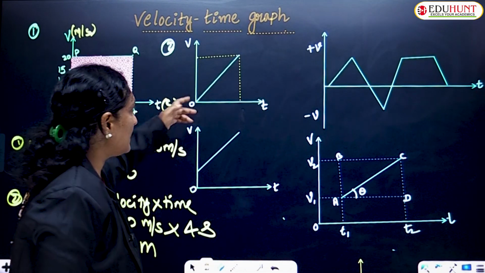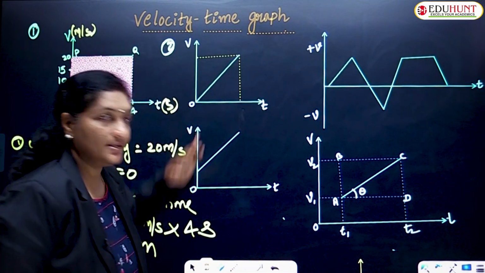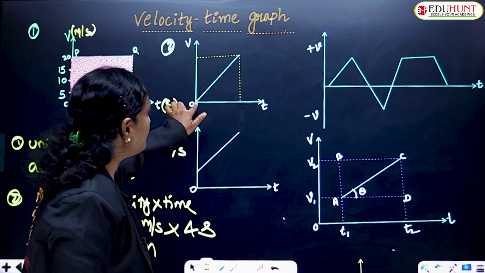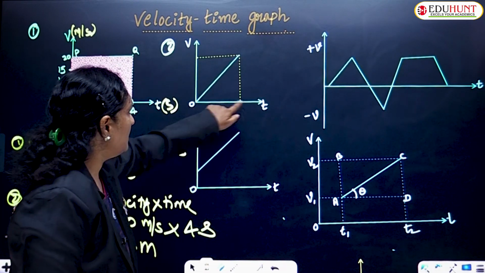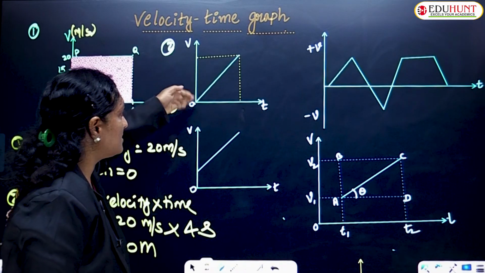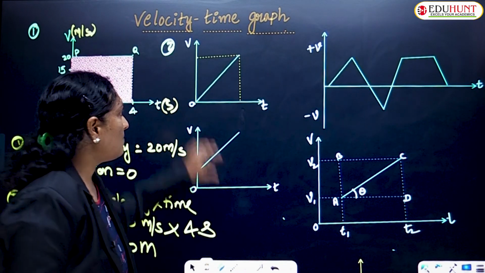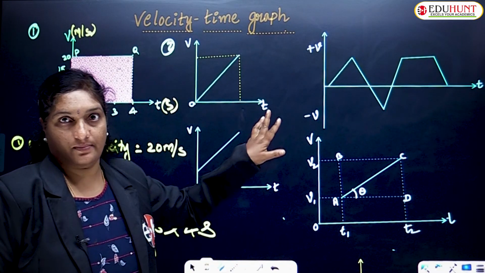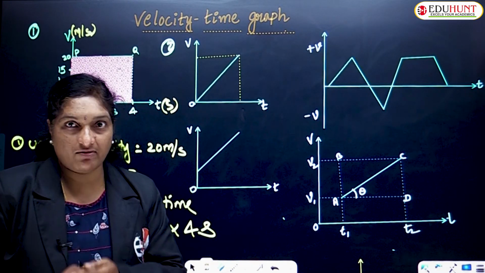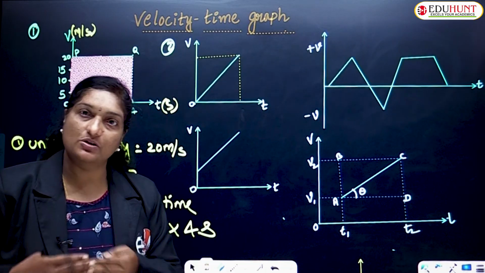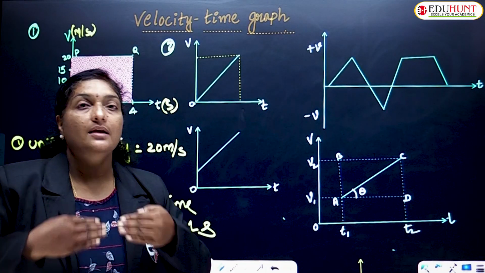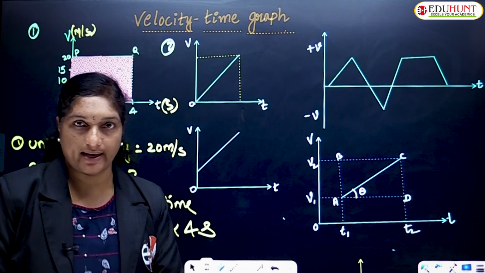As it is having a certain slope, at time t equals 0, the velocity was also found to be 0. That means the body starts from rest.